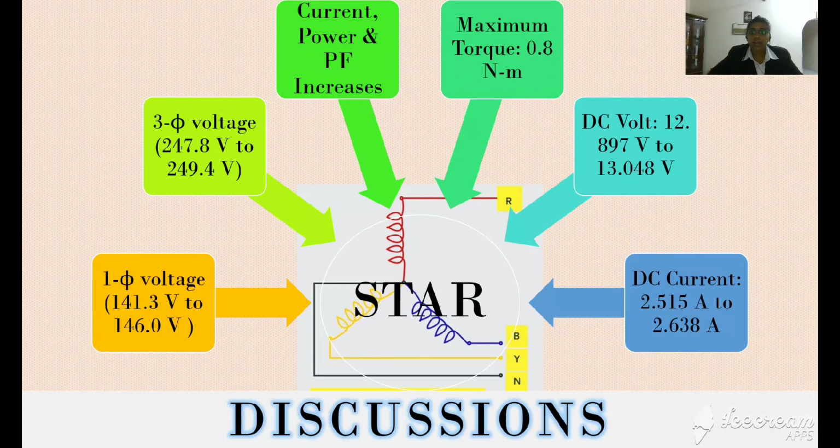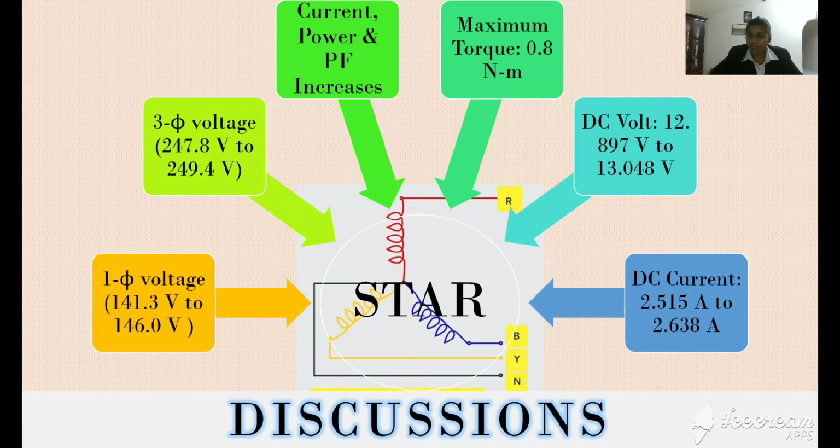For the three-phase horsepower, calculations were made using the formula of three-phase power divided by 746. The data were recorded for the connections separately by varying the load values from 0 Newton meter to 0.8 Newton meter, which was manipulated by using the friction or Prony brake, while the motor speed was maintained throughout the session, as the synchronous speed of the two-pole motor was 3000 rpm.